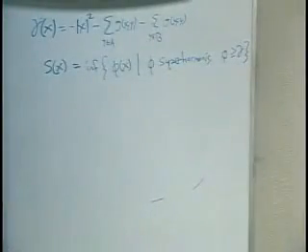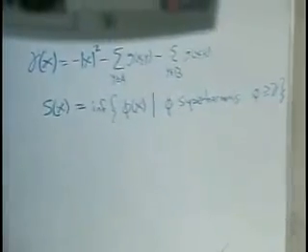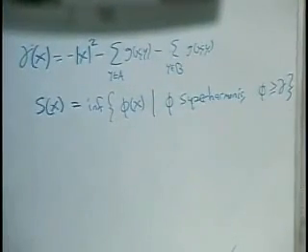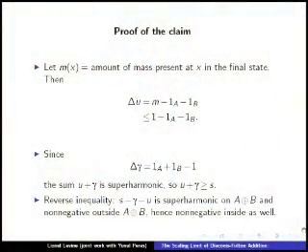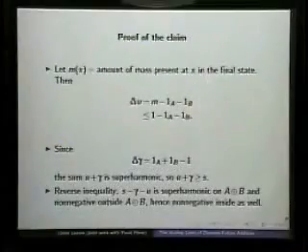So u plus gamma is a superharmonic function, and it's bigger than gamma, and so it has to be bigger than S. So that's one direction.